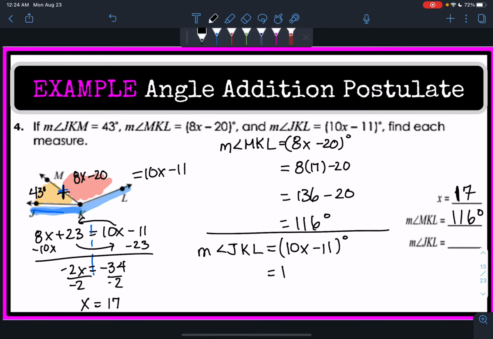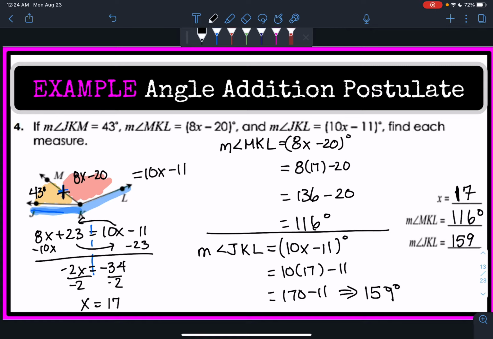Well, substituting again 17 for the value of x, we'll get 170 minus 11, which is equal to 159. So that's the angle measurement of JKL.